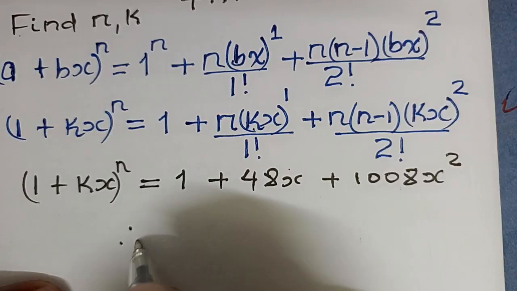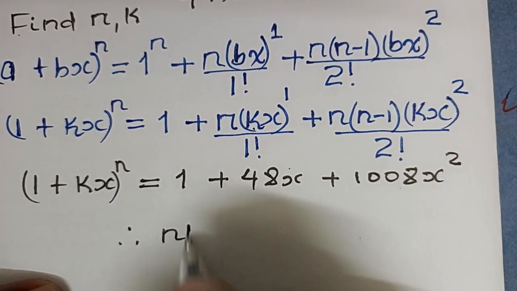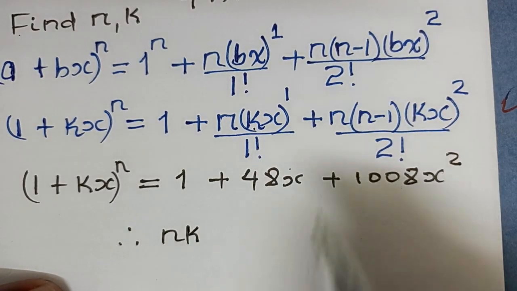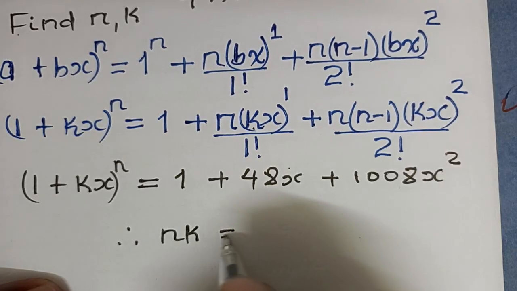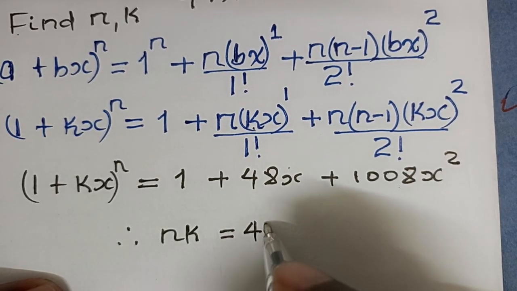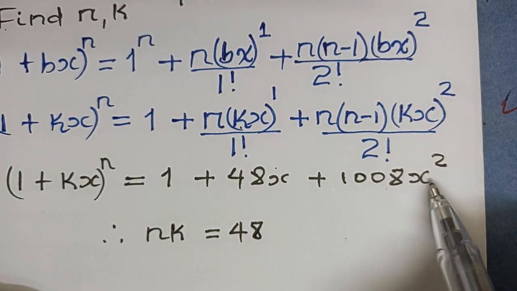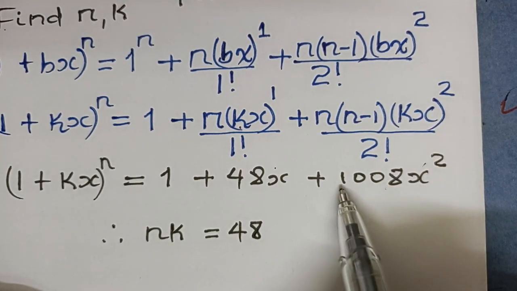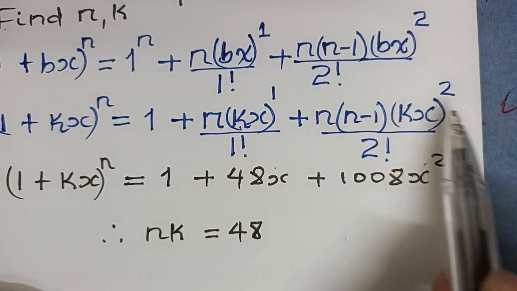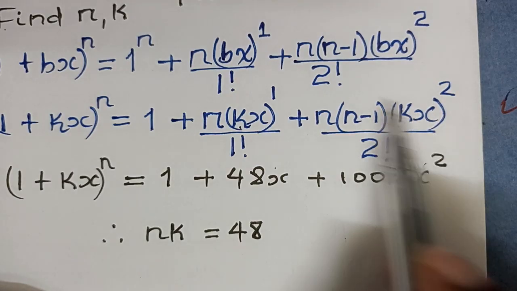And so we shall have nk, and this should be equal to 48. Coming to this other term, the coefficient of x squared, which is 108, should be the same as the coefficient of this term.